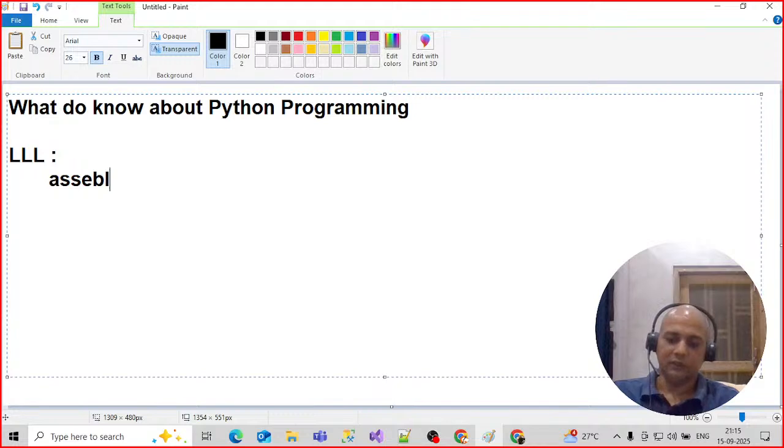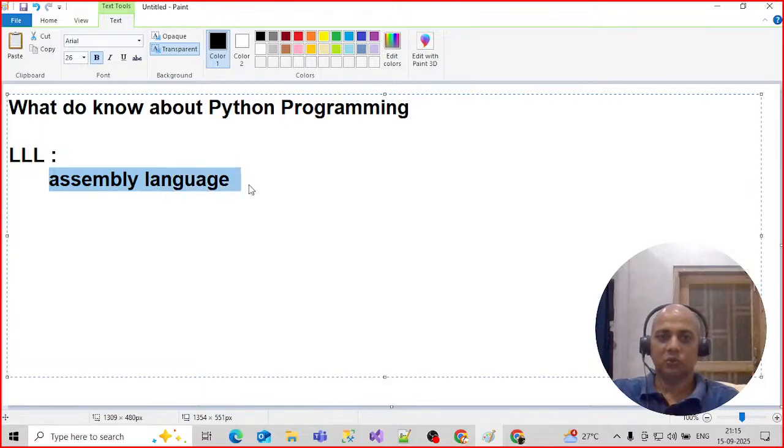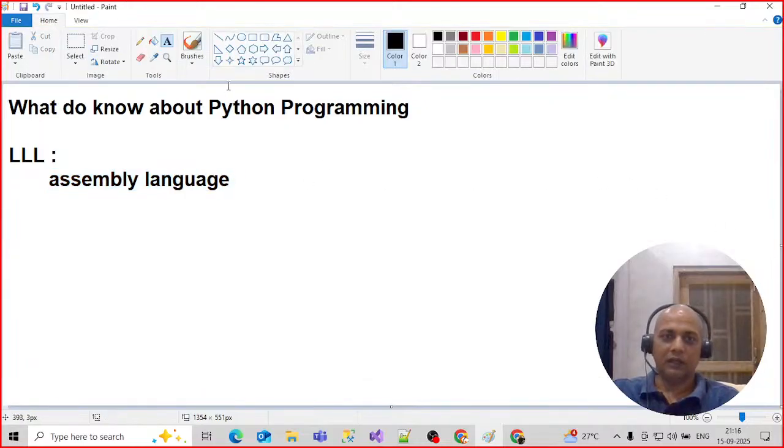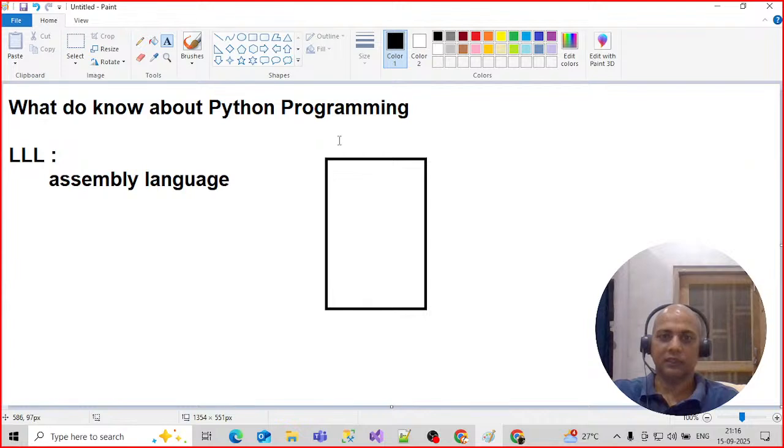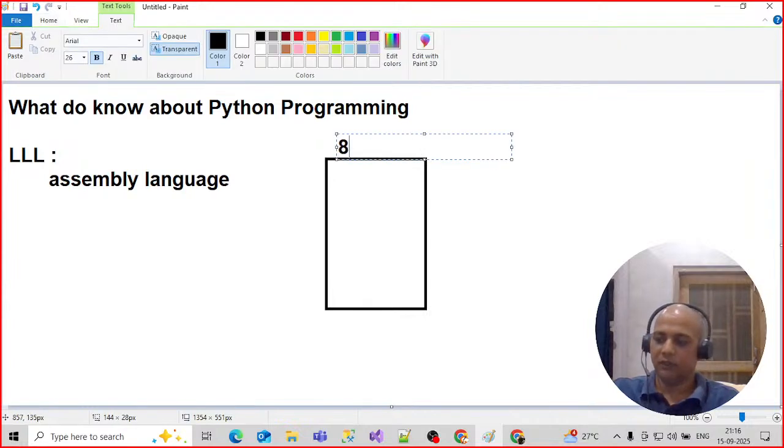In early days, what was happening with assembly language? This was based on some pseudocode and mnemonics, and it was directly based on a particular device architecture. Like we had the 8085 processor, right?